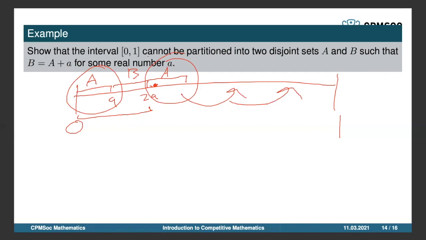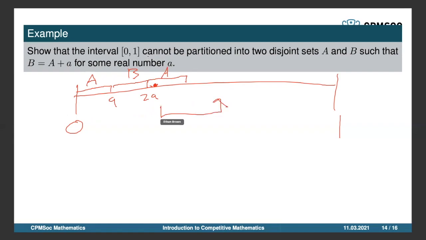So it's sections being part of it. If you know that A follows that pattern, then you know that B follows that pattern as well, because all we're doing is shifting this A along, and then this A gets shifted over to here. There's another A over here, which gets shifted along to the next part, right? So we form B by shifting everything along.